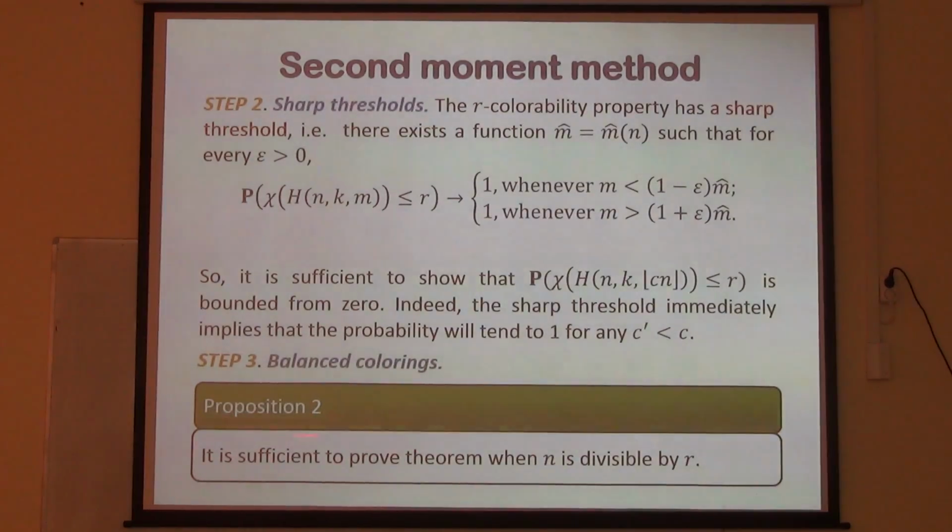And it is sufficient to prove the theorem when n is divisible by r, because in the sparse case we have a lot of isolated vertices, so in fact it doesn't matter if we remove one or two of them, the chromatic number will be the same.